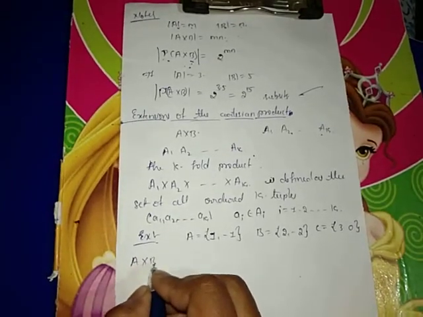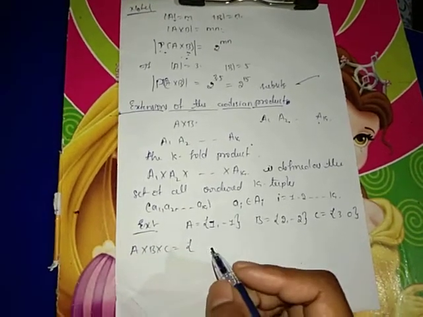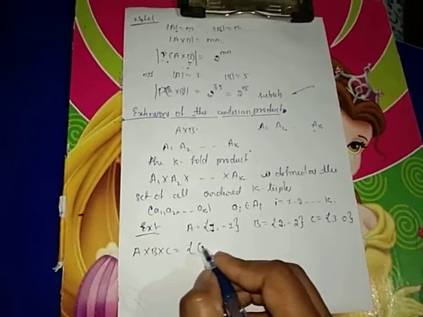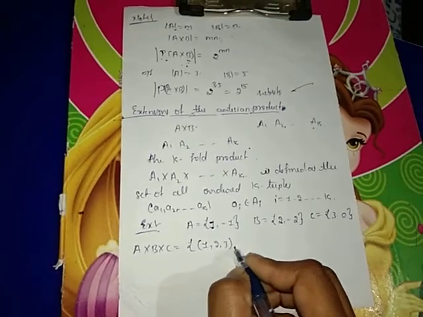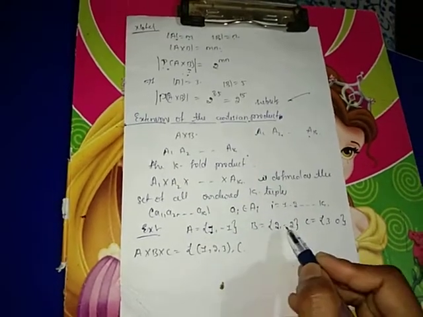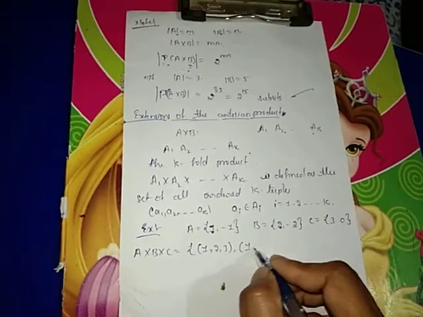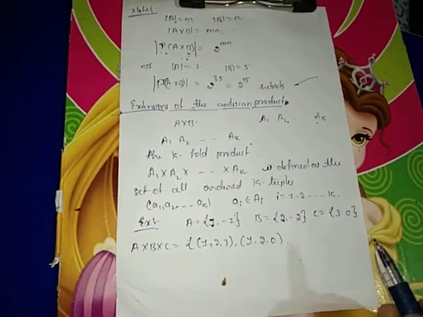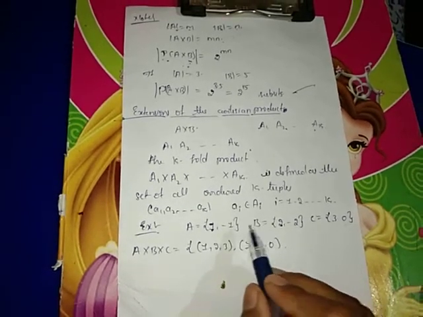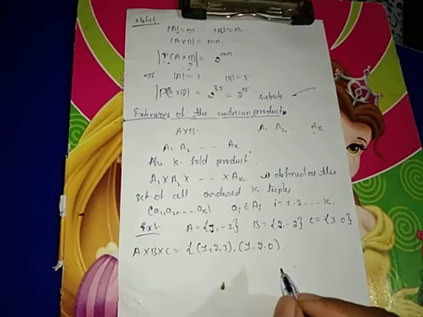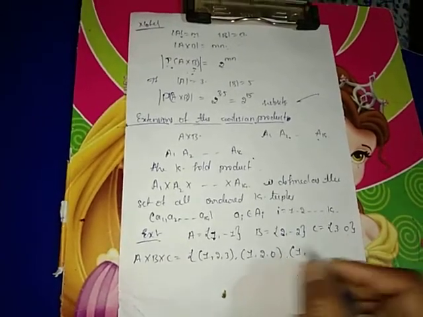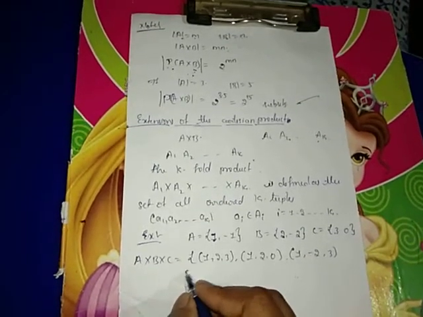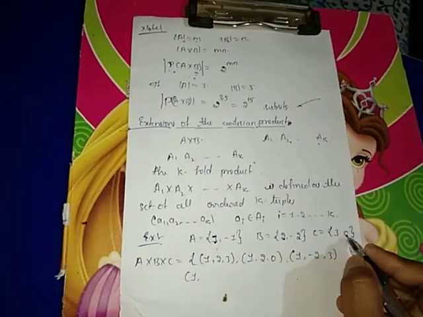Then A cross B cross C is equal to: first we have written (1, 2, 3), then (1, 2, 0), next (1, -2, 3), next (1, -2, 0).